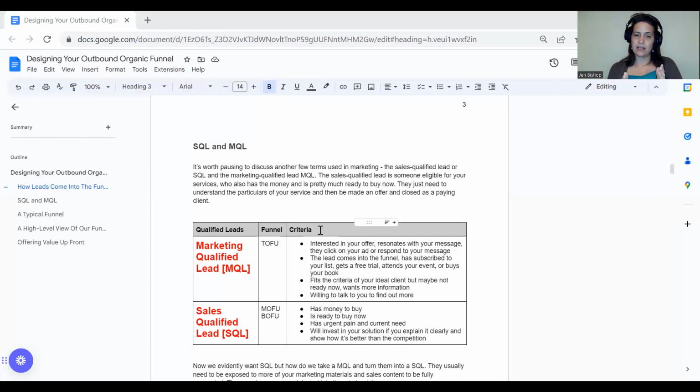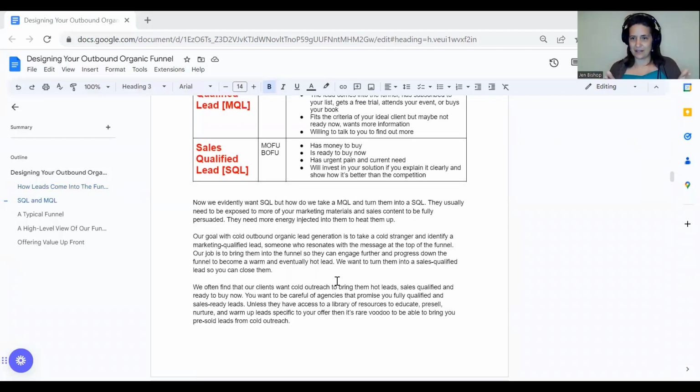So the differentiator here is that we've got the tofu, the top of the funnel, and then we've got the bofu, the bottom of the funnel. And we want to move the marketing qualified lead down to become a sales qualified lead who has the money to buy now, is ready to buy now, has the urgent problem or pain, and will invest in your solution if you explain it clearly and if they understand that you're better than their competitors.